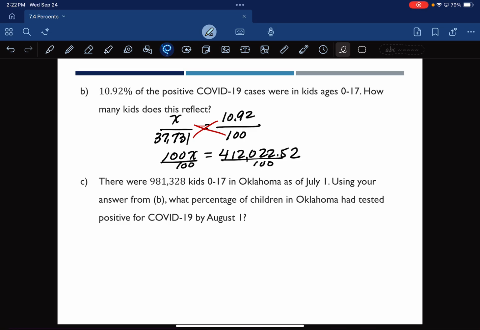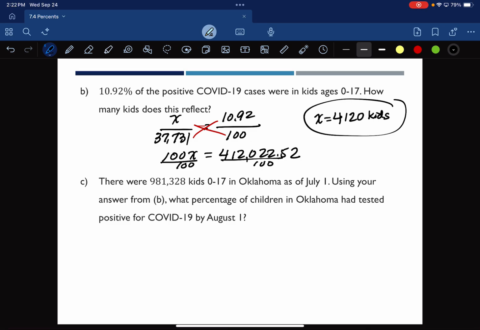And when we do that, if I round to a whole number of kids, because kids don't come in half numbers, right? Okay, just checking. I have 4,120 kids. 4,000 kids, give or take, right? 4,120 kids had tested positive.